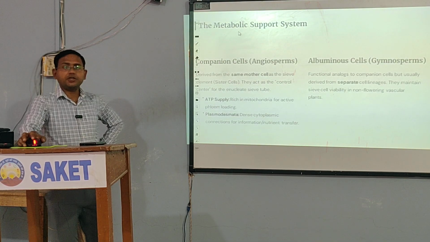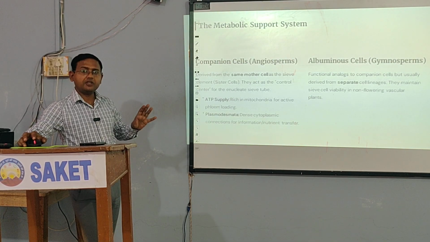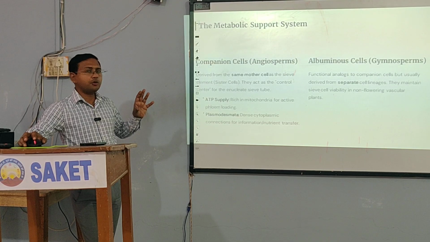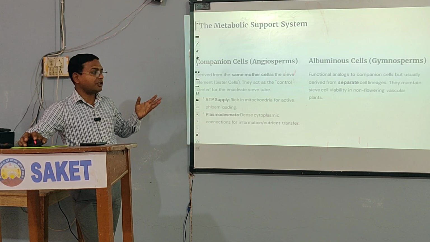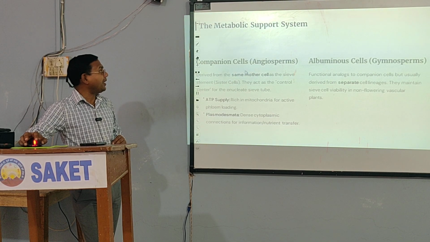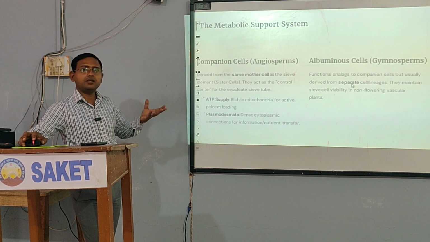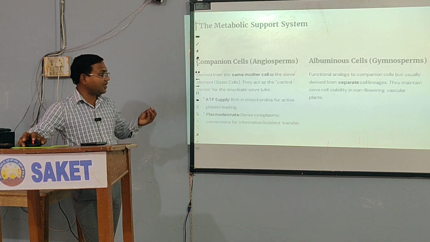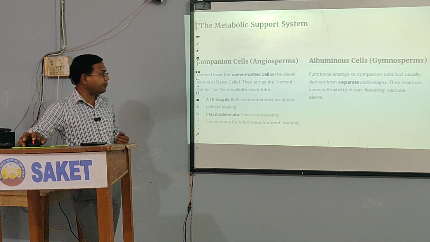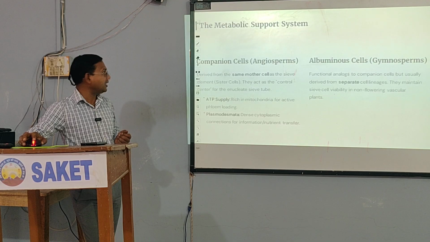As we know, sieve tubes and sieve cells are living, but they do not have a nucleus at maturity. So they have companion cells in angiosperms and albuminous cells in gymnosperms. These are the cells which assist the sieve tubes or sieve cells to perform their metabolic functions because they lack the nucleus.